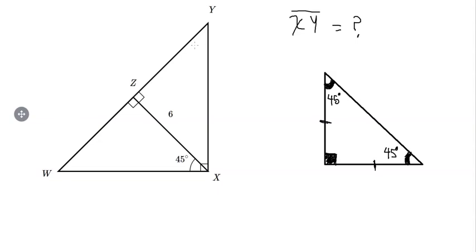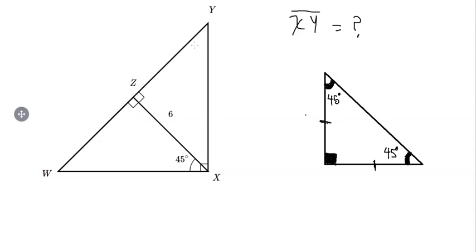Yes, because the sum of the internal angles in any triangle is 180. That's correct. You already have 90, so the other two angles have to add up to 90, and knowing they have to be equal, each has to be 45, 45. Very good.